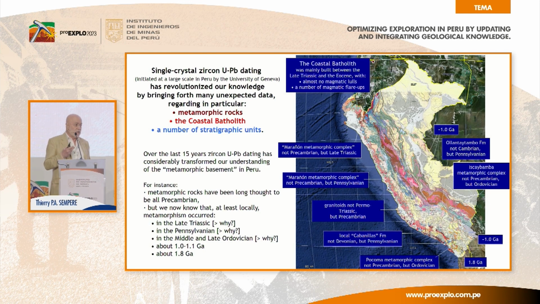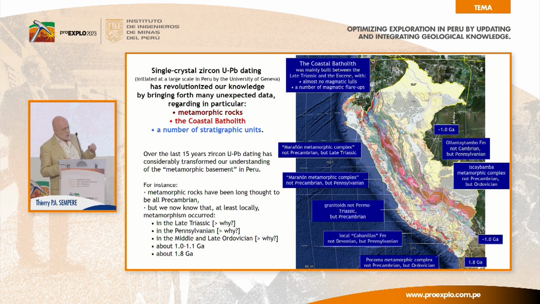It's single crystal zircon U-Pb dating by the University of Geneva, which has allowed us to shed some light on this issue in particular. We don't have much time, but the important thing here is to mention that there's metamorphism of the Upper Triassic. There's also metamorphism of the Marañón Metamorphic Complex, which is east of Lima, and it reaches up to the north, which this metamorphism is not Precambrian.